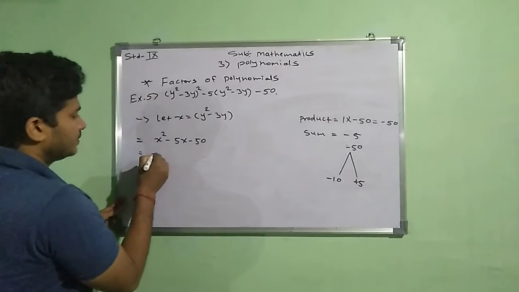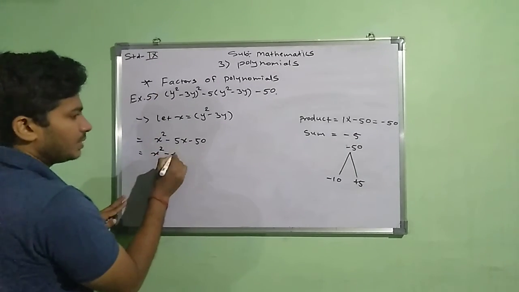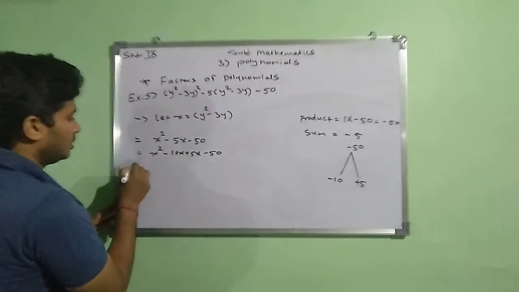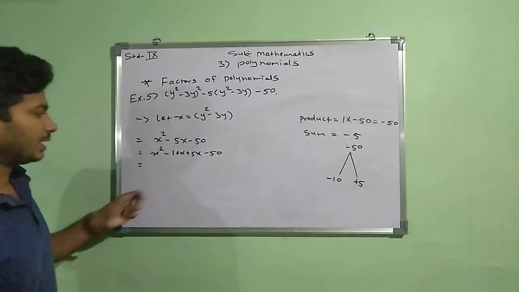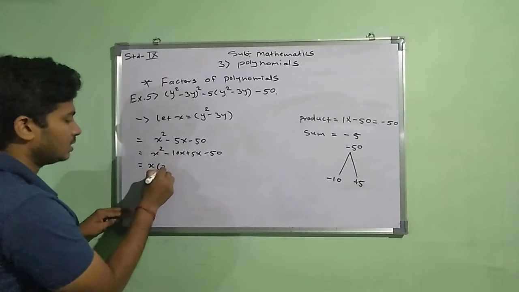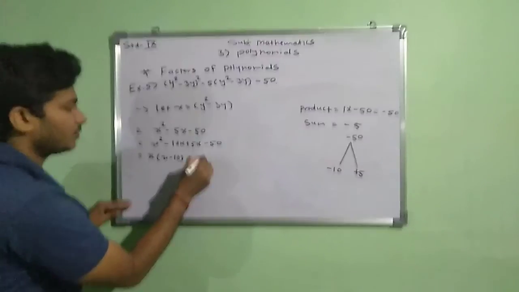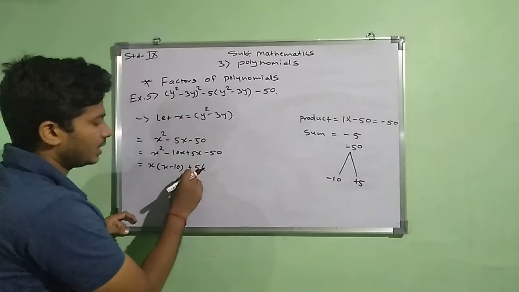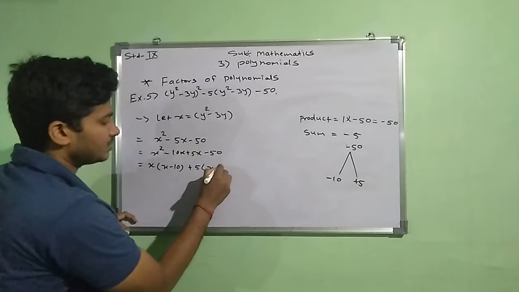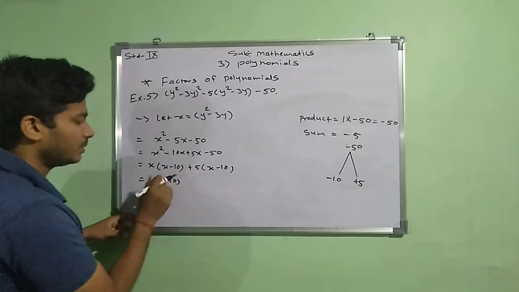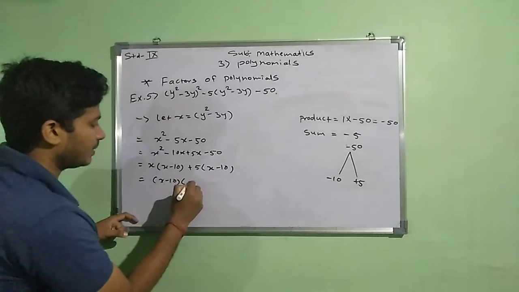So it will be x² - 10x + 5x - 50. Again here we can take common. After taking x as common, x - 10 will remain, plus, taking 5 as common, x - 10 will remain inside the bracket. So again x - 10 is common between the two terms, and in another bracket x + 5 will remain.